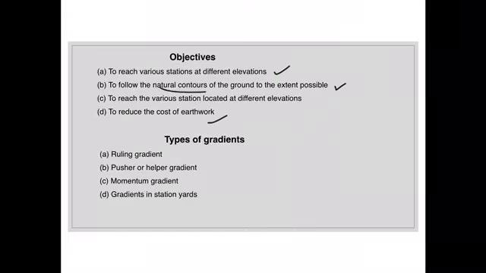Following the natural contours obviously reduces the amount of earthwork, which in turn reduces the cost of construction of the railway track.